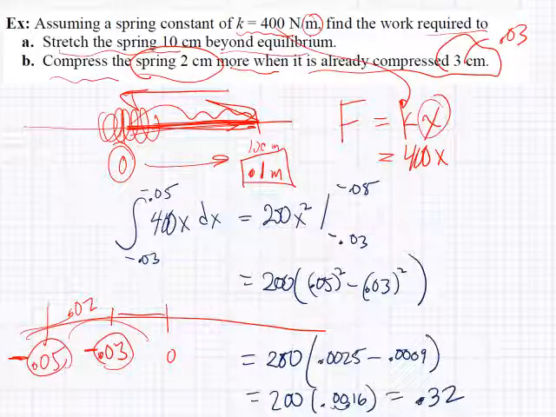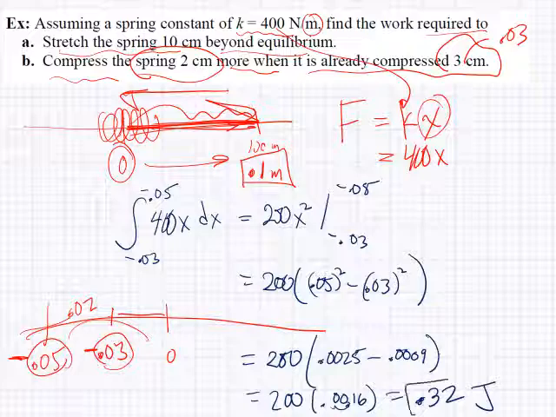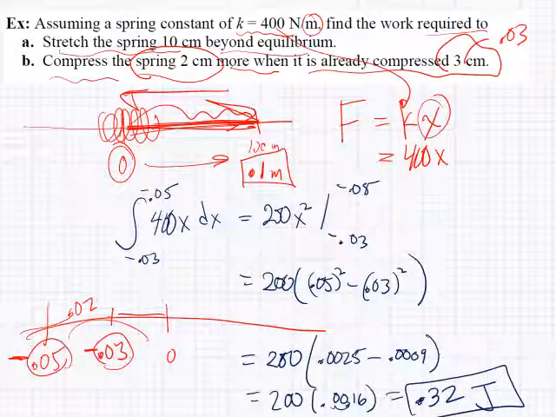So 0.32 joules would be the amount of work we would have to put in to compress this spring the amount it asked. And so again, you can see that integrals can be used for a lot of things. Like I said, this is just touching the surface. You will come across a lot more examples of applications of integrals along the way.